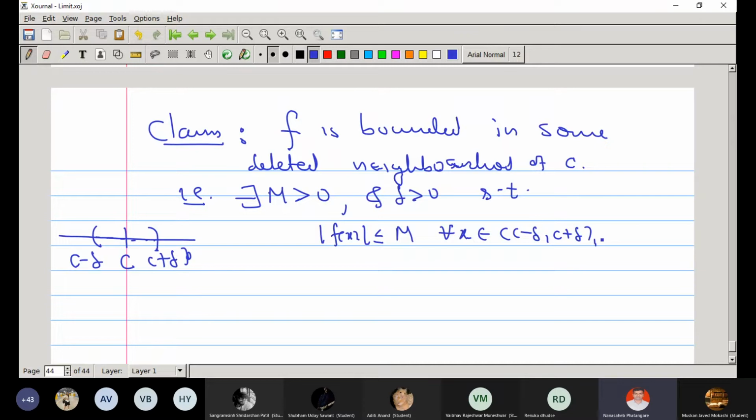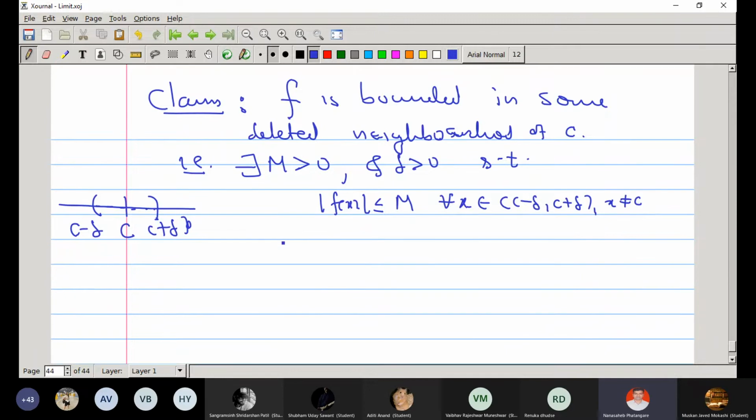So x is not equal to c. If function is defined at c, then no problem at all. But in a more general sense, if it is not defined at c, then we cannot include c.